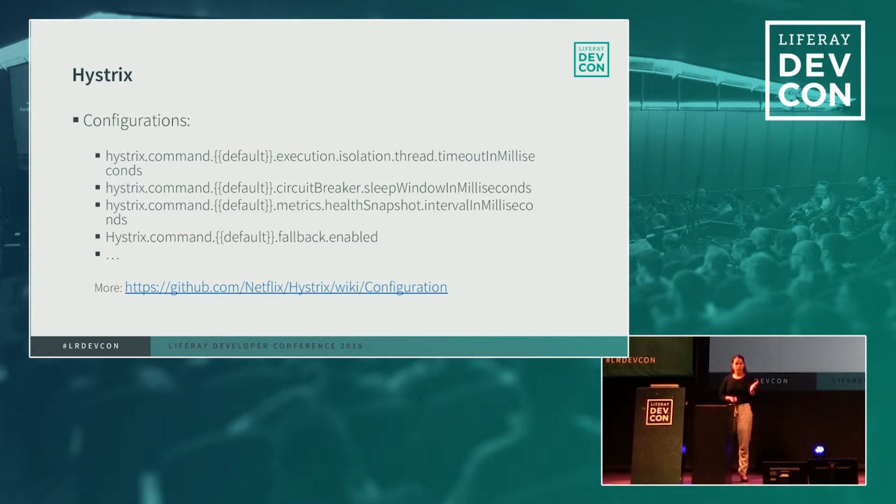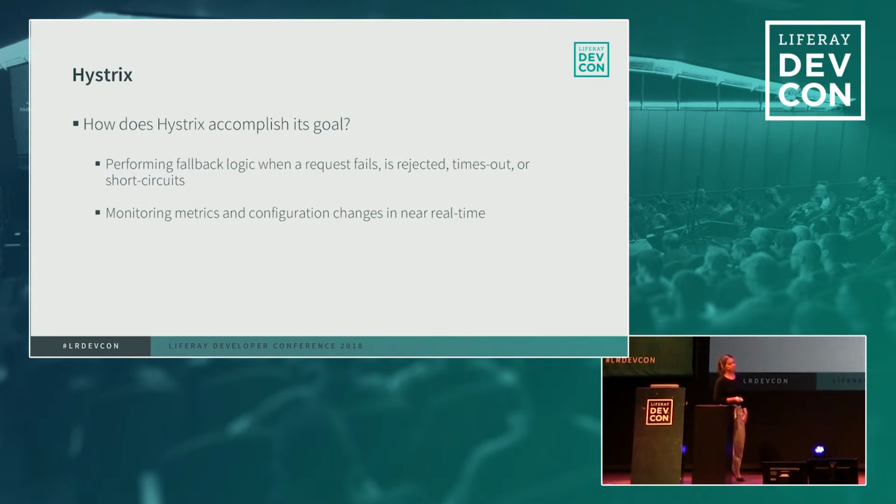So these are some examples of configuration of Hystrix. You can have these configurations for each service, and this can be changed in real time without the necessity to restart the application. So it's pretty cool because you don't need to stop for a moment to do this. It's just a change and everything works fine.